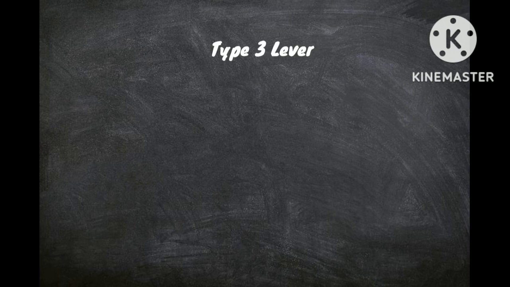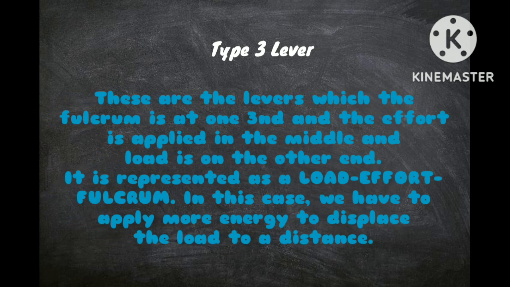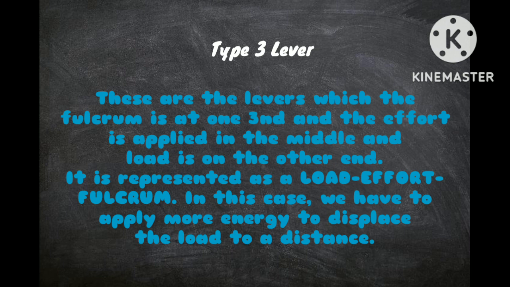And the last but not the least is the type 3 lever. These are the levers in which the fulcrum is at one end, the effort is applied in the middle, and the load is on the other end. It is represented as load, effort, fulcrum.